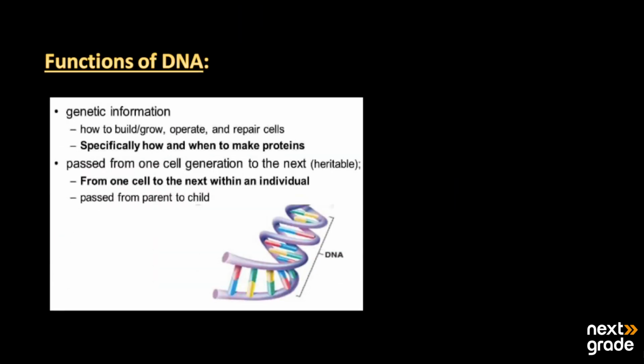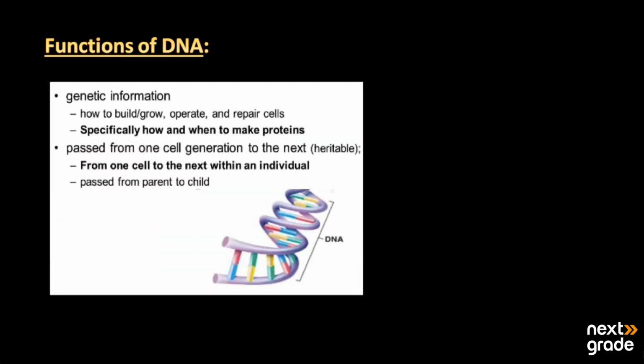After that, we have the function of the DNA. What are the main functions that the DNA performs in our body? Basically, the first function is passing the genetic information. Now, what is the genetic information? It is how to build, grow, operate, and repair cells.